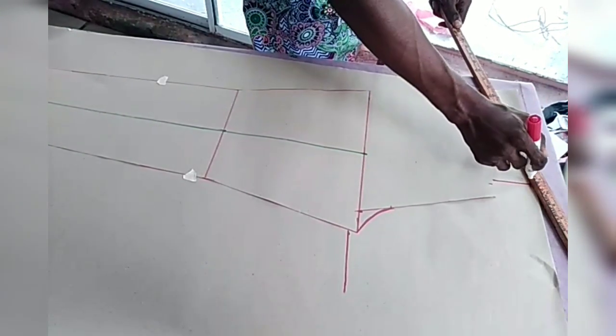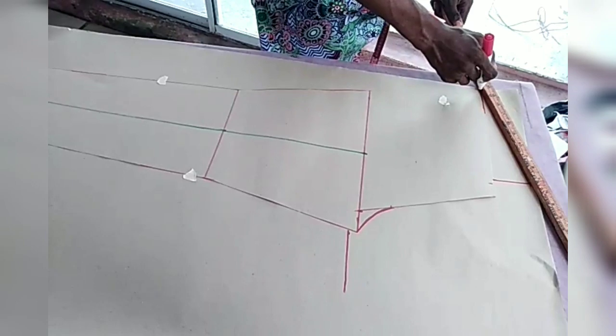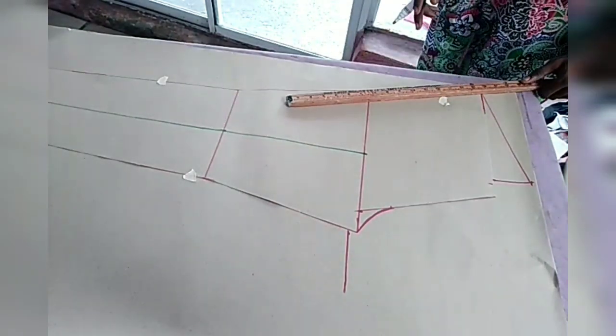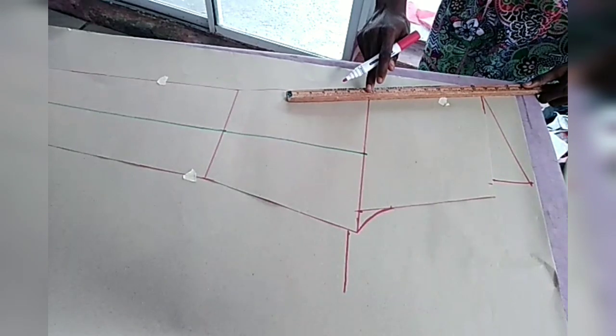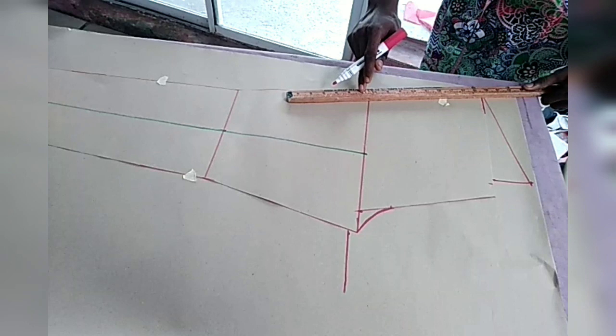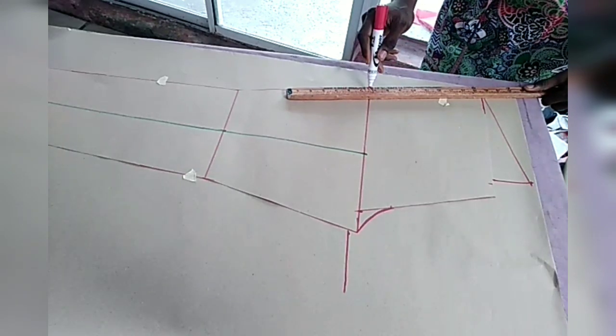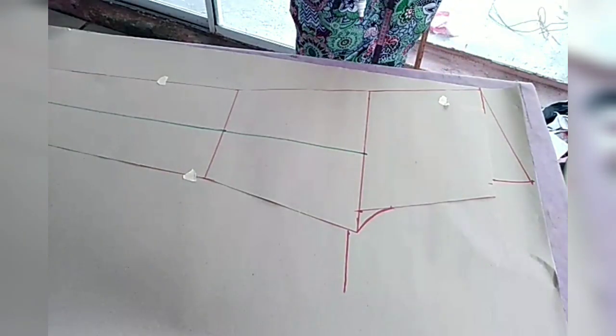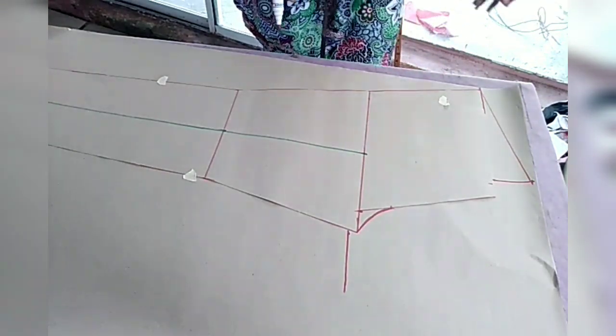So I connect from this point down here, like this. And from this point which I have here, I connect it down to my crotch line, like this. So you can see, this is my back, connecting my back like that, that's my crotch line.